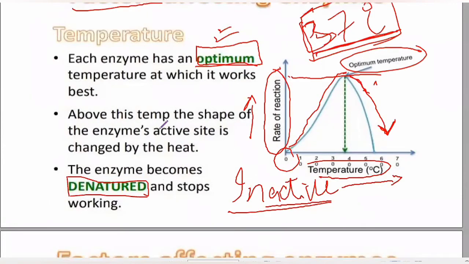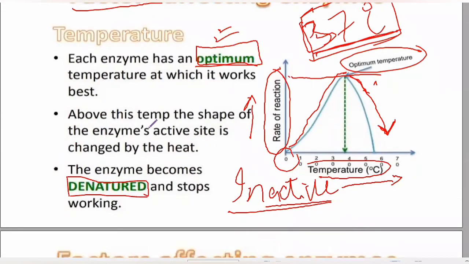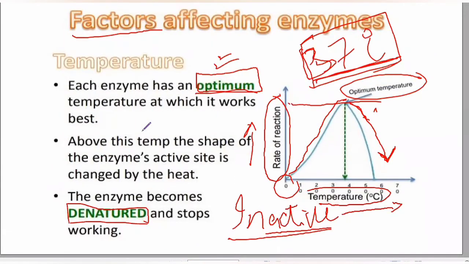Excuse me, miss. Yes. It's like if the egg contains protein and enzymes also contain proteins. So when the temperature is high, the protein state changes. The enzyme shape is changed.